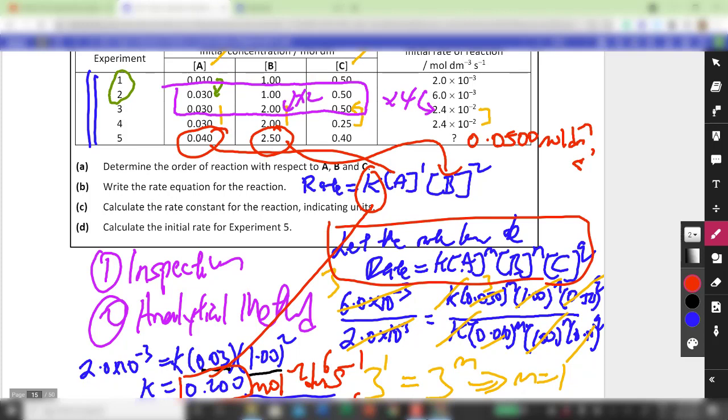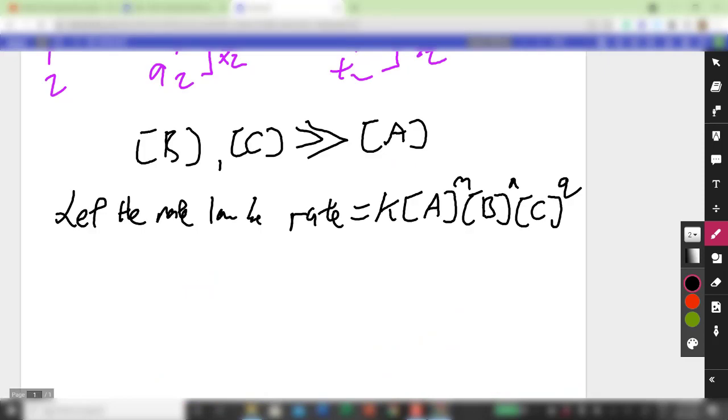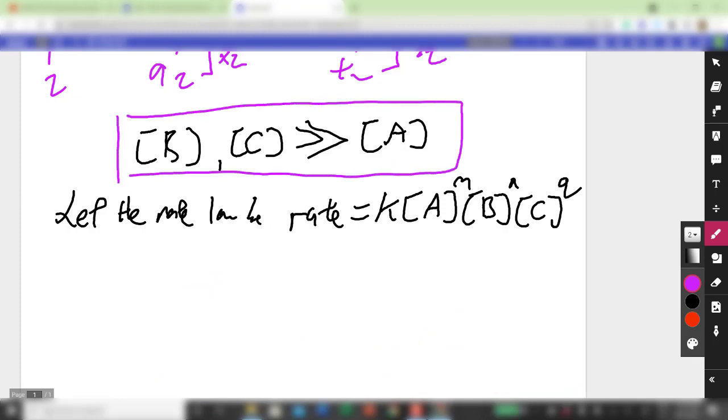But little did you know that when the concentration of B and C are way greater than A, what we can do is we can safely assume that in the course of the reaction, the amount of B and C stays relatively constant.